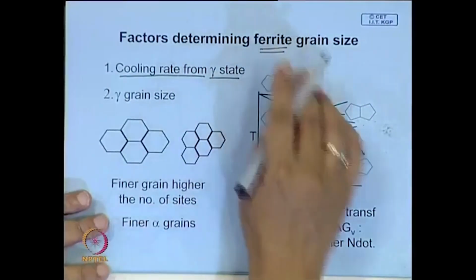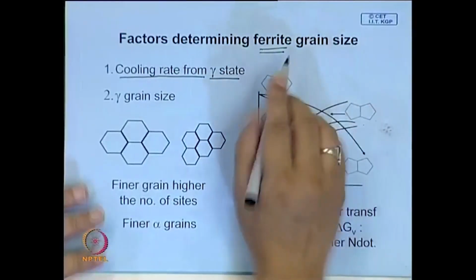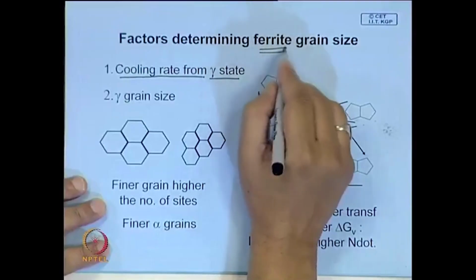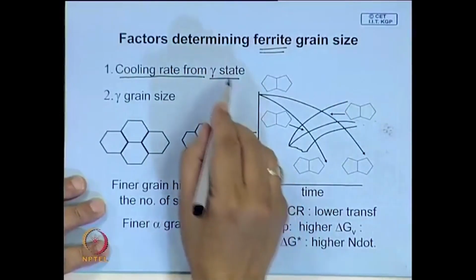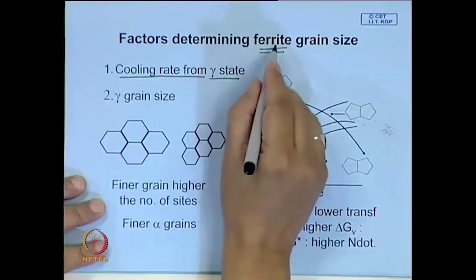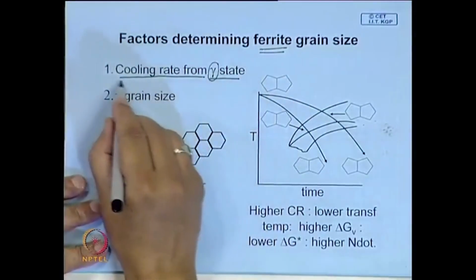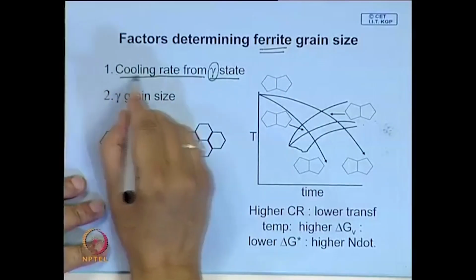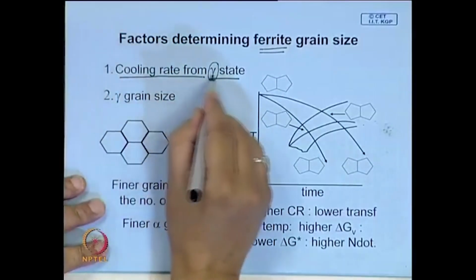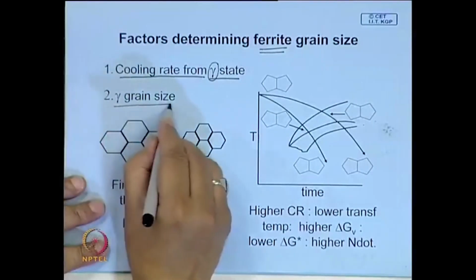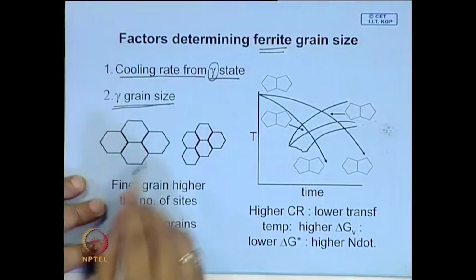It does not exist at high temperature, or this is not the crystalline structure which exists during hot working. It forms from the high temperature phase austenite, and its grain size will depend on the cooling rate from austenitic state. It will also depend on prior austenite grain size.